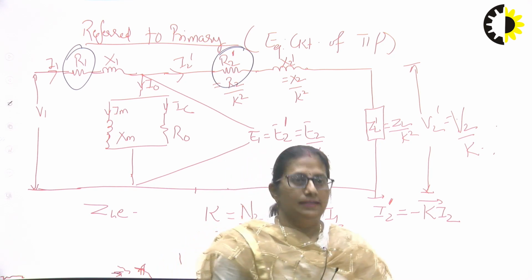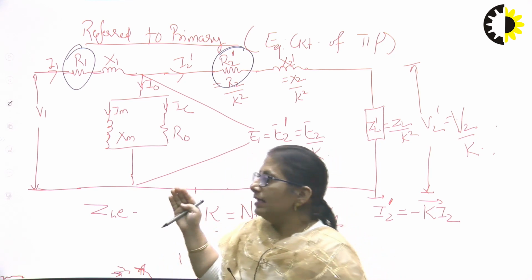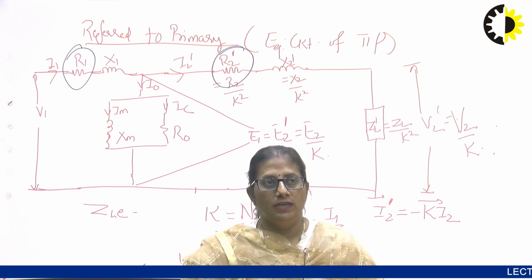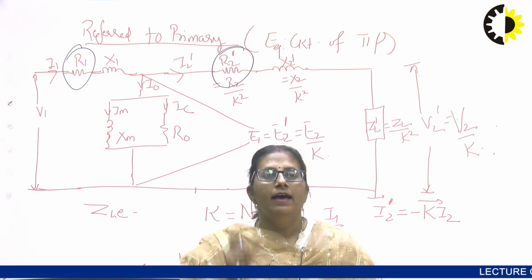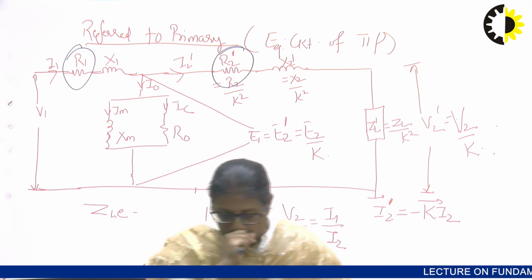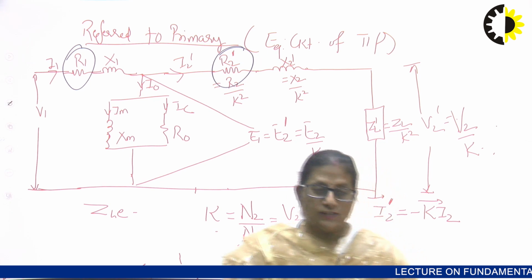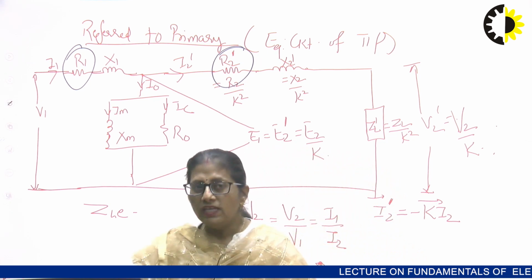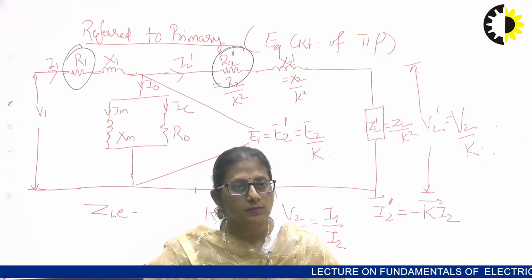approximation is considered in the equivalent circuit, and then the third equivalent circuit is given, which is called the approximate equivalent circuit of the transformer referred towards primary. So how is the approximate equivalent circuit drawn?